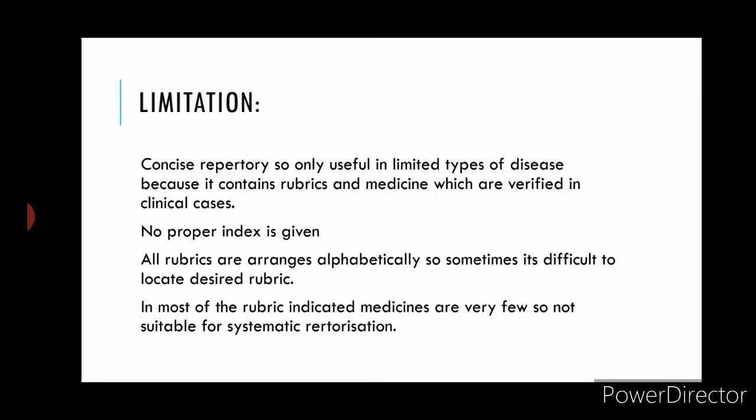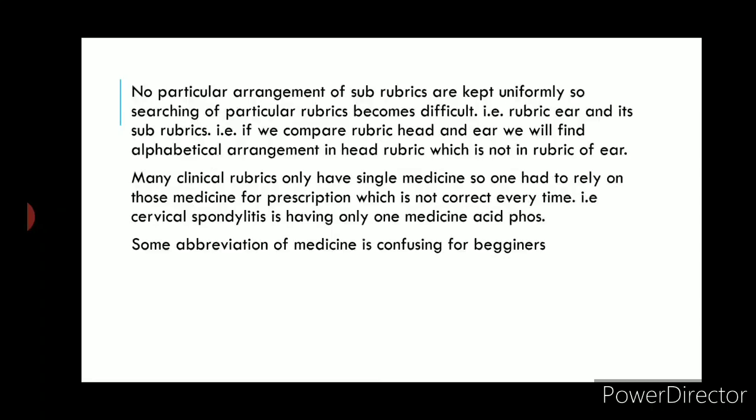In most of the rubrics, indicated medicines are very few, so it is not suitable for systematic repertorization. No particular arrangement of sub-rubrics is kept uniformly. This problem you will find in some parts of this repertory, and it leaves beginners or new users with some confusion regarding this point.